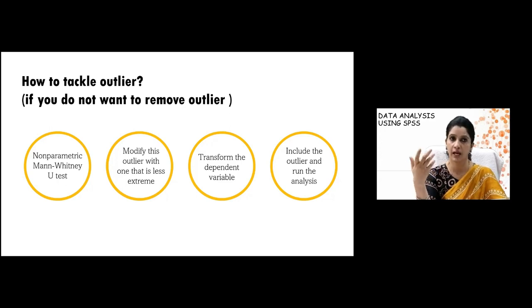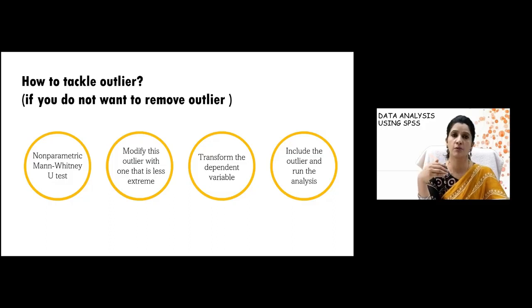And we can modify the outlier. If you want to modify the outlier with a less extreme value, you can take the second lowest or the second highest value and replace the outlier with that value.